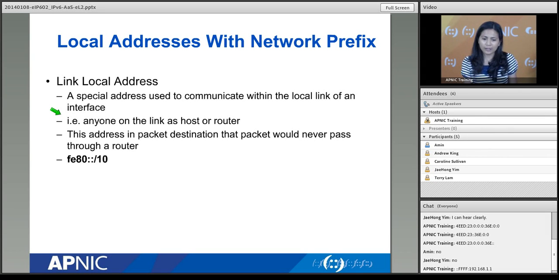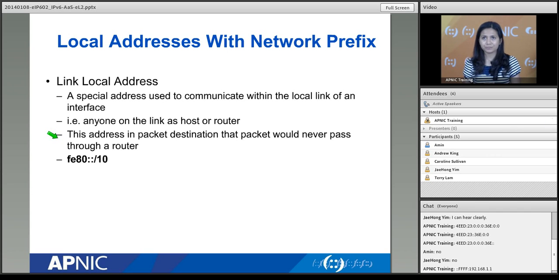The good thing about that is you don't have to configure anything. You already have an IP address. If you want to exchange information between the routers or the hosts in that same subnet, you can do so without configuring anything. Again, just note that it will never pass through a router.